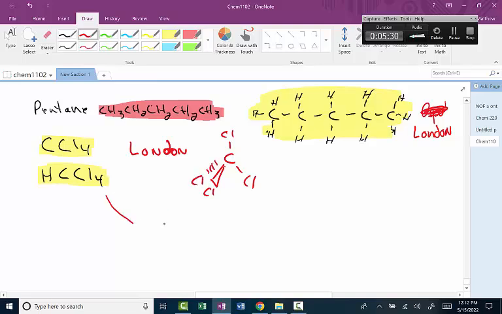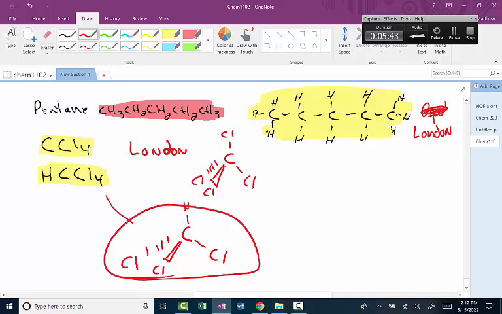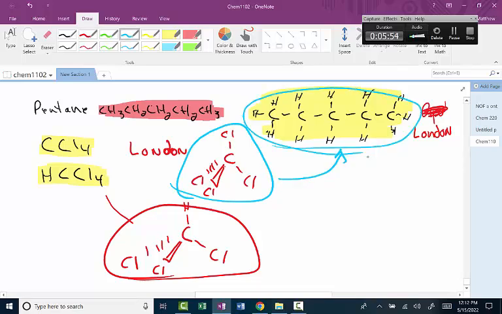And HCCl3 is three-dimensional also, but this one's going to be slightly polar, and so we expect carbon tet, which only has London, to be more soluble in this compound that only has London forces, where this one has London and some small amount of dipole.